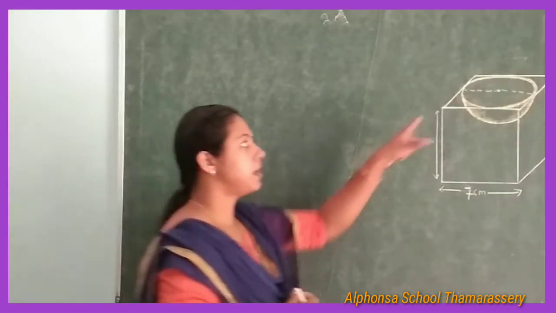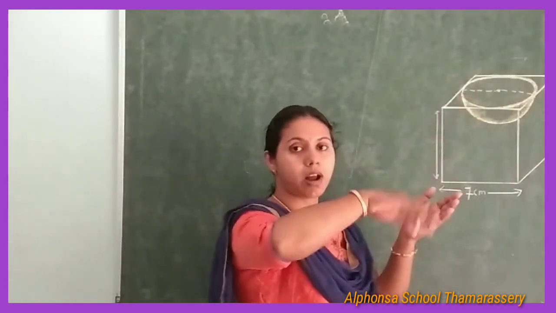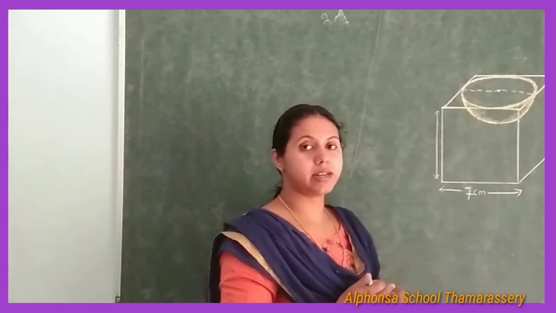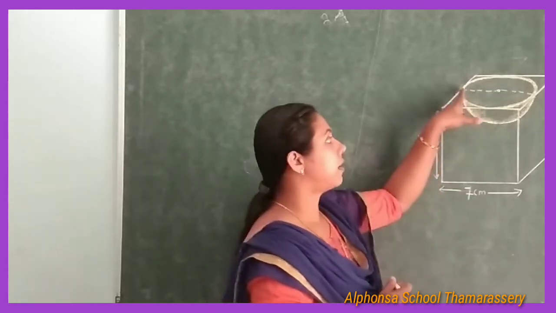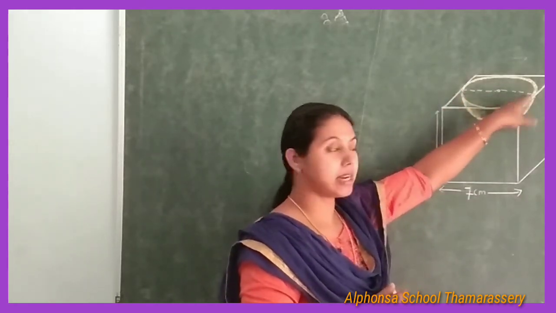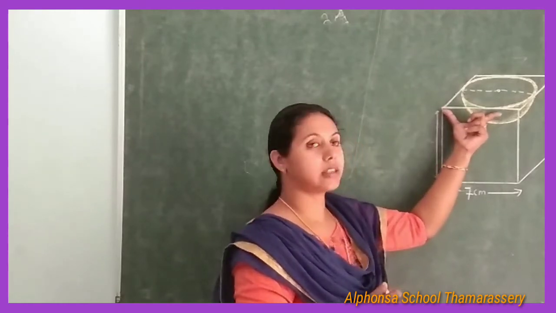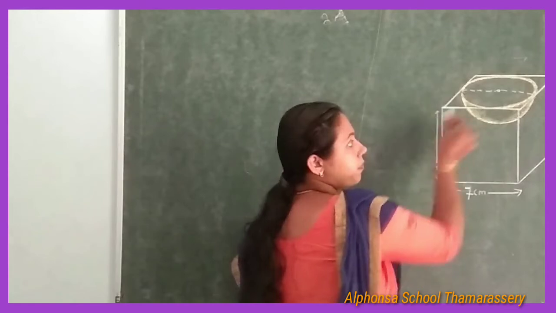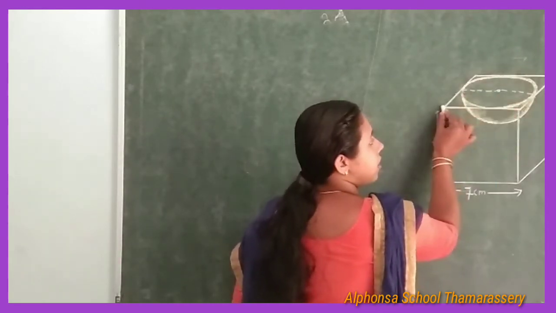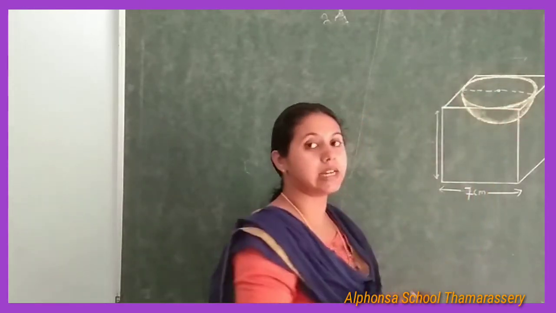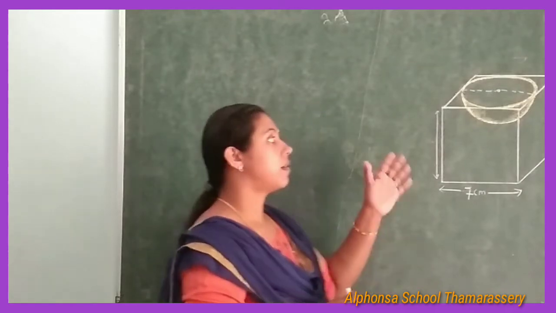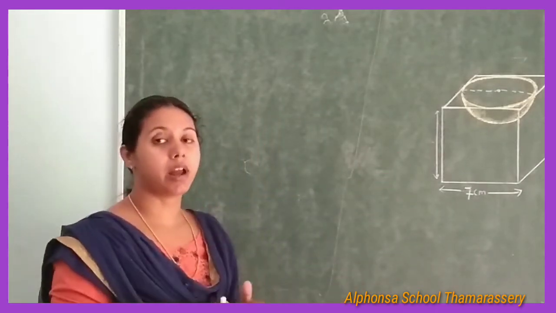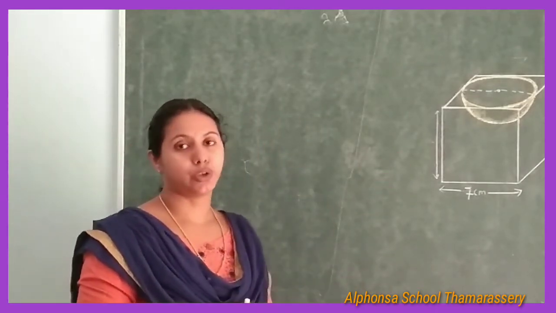We know that the hemisphere is fully hollowed out from this solid cube. So the diameter of the hemisphere is same as the length of the edge of the cube. That is the maximum diameter of the hemisphere we can hollow out from this solid cube.